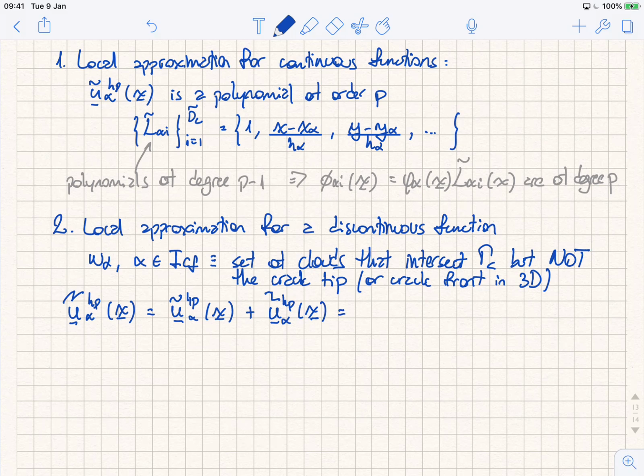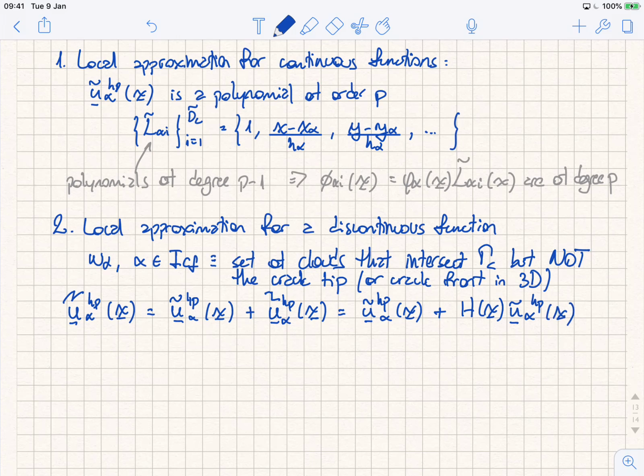So for the smooth part, there is nothing different from what we just discussed. And now we're going to use this Heaviside enrichment function multiplied by those smooth functions.